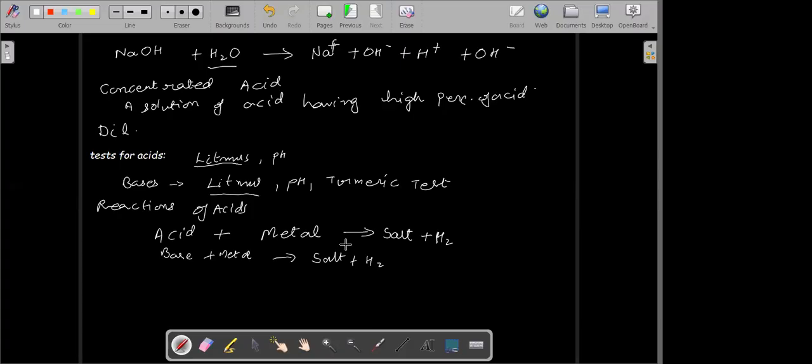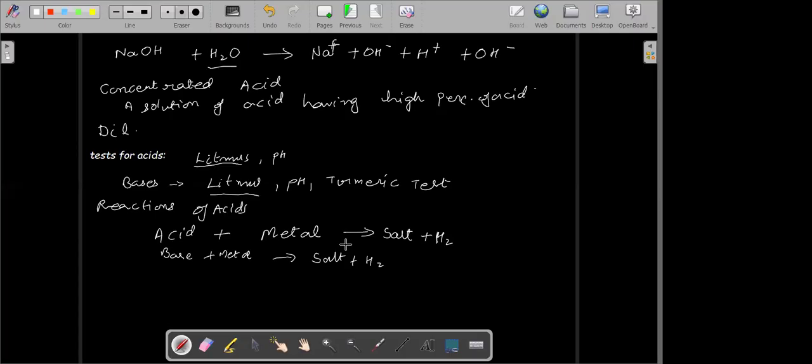All right. So can you tell when the base reacts with the metal? Everyone write down the reaction quickly. We get NaAlO2, which is sodium aluminate, and you obtain sodium zincate.